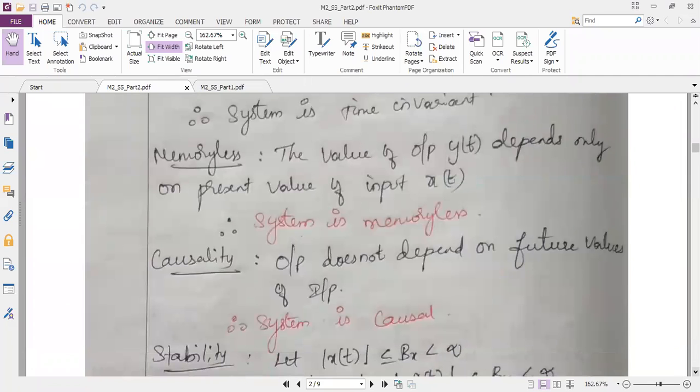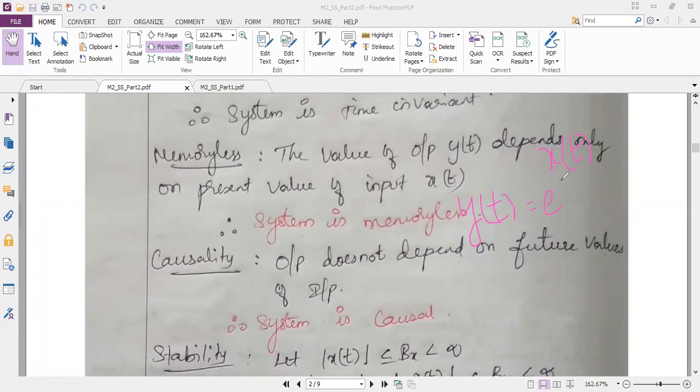Similarly, as per the question, my output y of t is equal to e power x of t. That means it depends only on the current value, the present value. I know for causal, it should depend upon the present value as well as the past value. Out of the two, if any one condition is satisfied, I can say the system is causal.